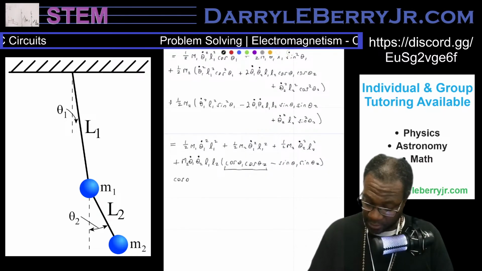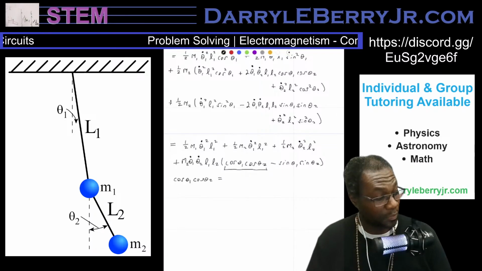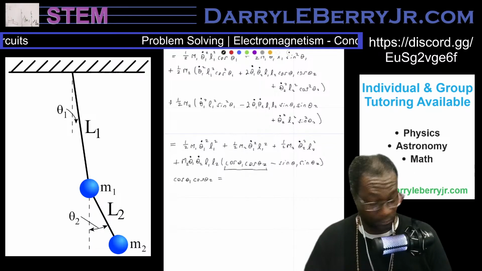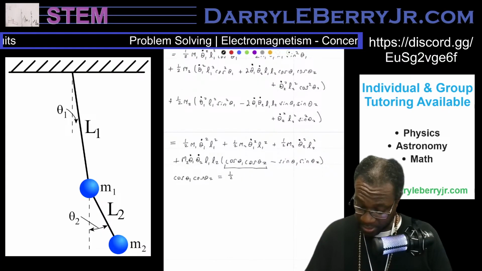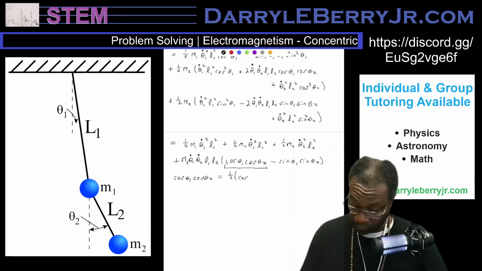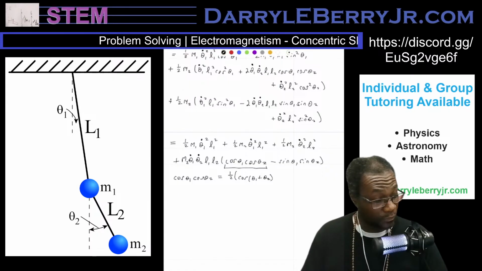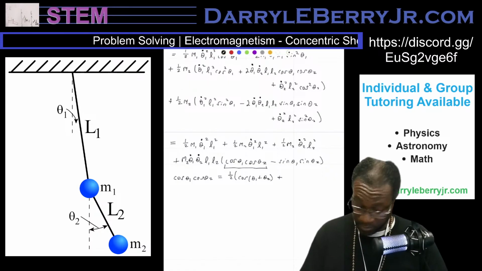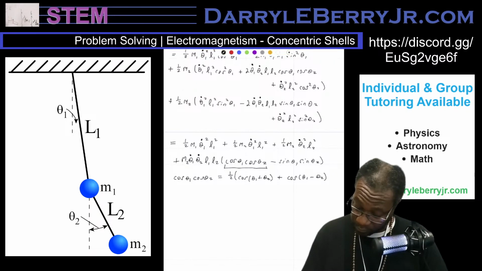We have cosine theta 1 cosine theta 2 equals 1 half cosine theta 1 plus theta 2 plus cosine theta 1 minus theta 2.